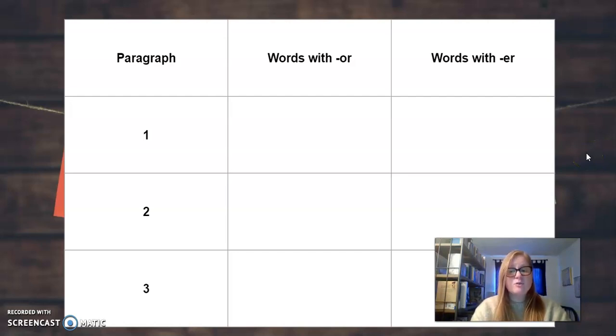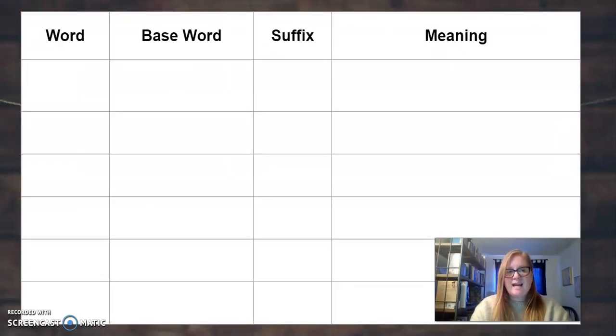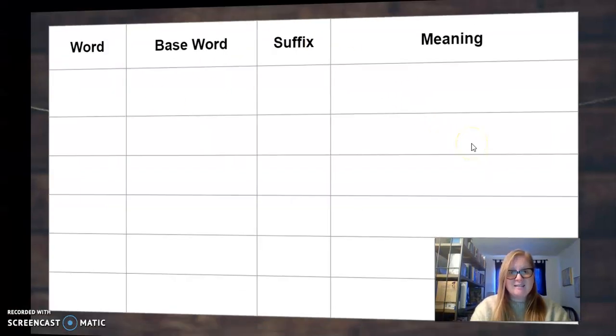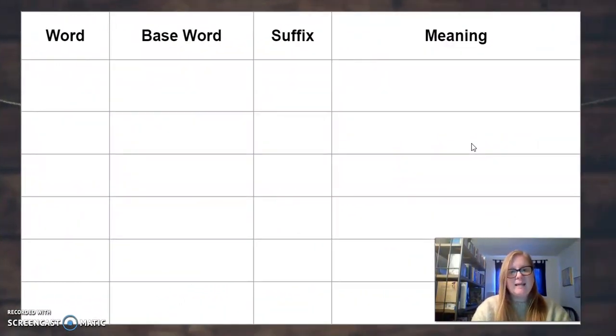There are 12 OR and ER words. Don't worry if you don't find all of them. That is fine. And so I provided you with this chart and with another chart because there are so many words. You can do as many as you like because I think that finding the base word, suffix, and meaning for things that someone does is kind of easy.